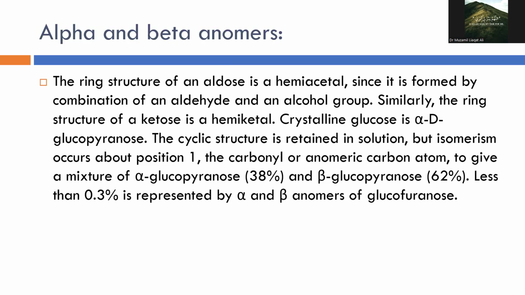The beta anomer is slightly more stable due to the anomeric effect, right? And reduced steric interactions in the chair form. This distinction is critical because many enzymes like glucokinase and glucose transporters show preference for one anomer over the other.